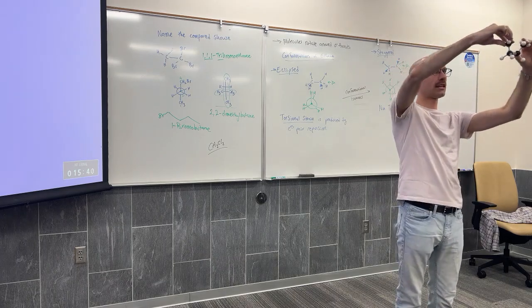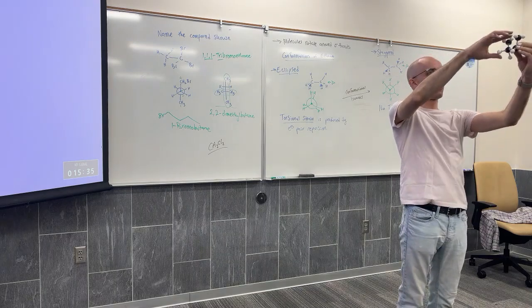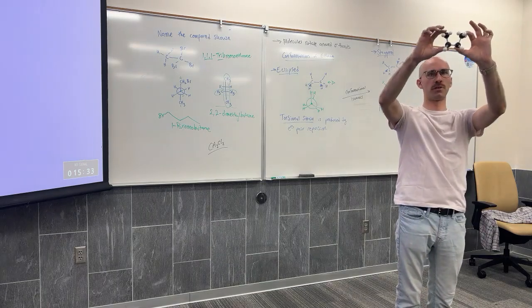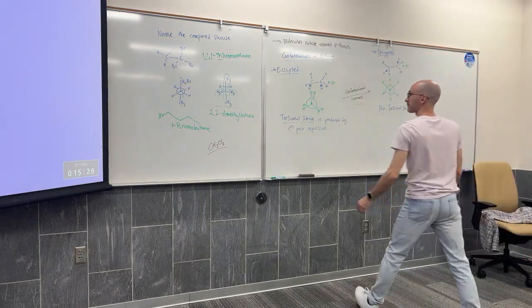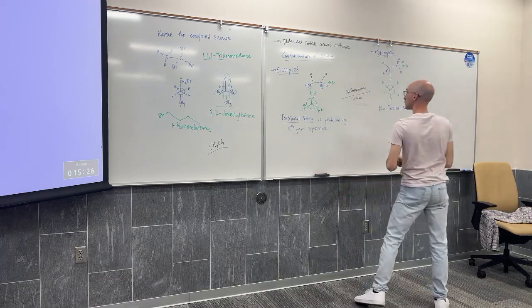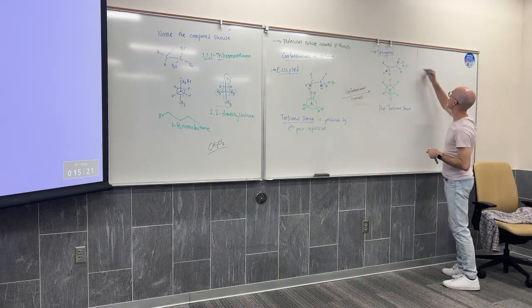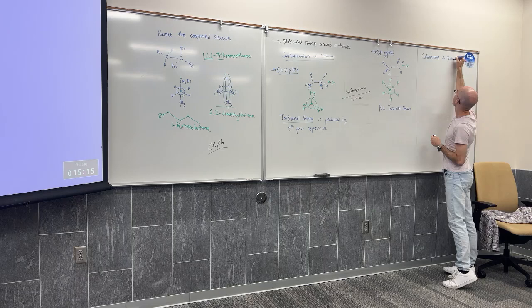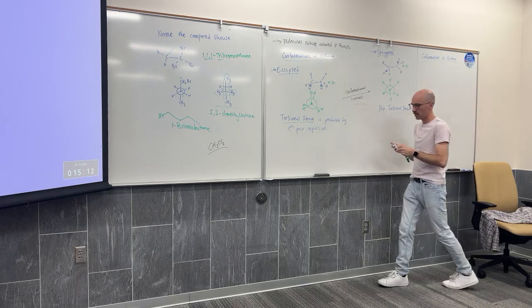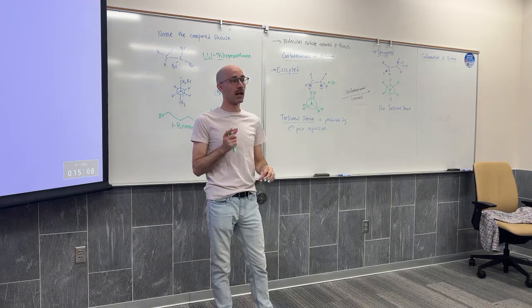You can see that rotating around any of the sigma bonds does something, but the one that we're going to be interested in is the one between carbons 2 and 3 of the butane chain. These are the conformations of butane. They're going to give us some stereochemistry terminology.